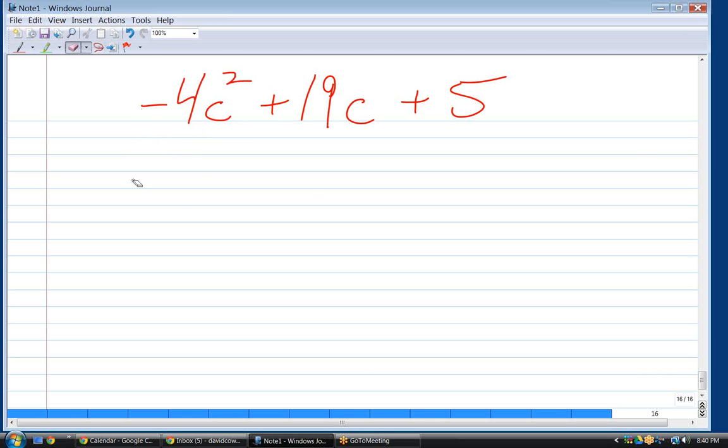So let's clear that up. Factor out a -1. What's left behind? It would be +4c squared. When I factor out a -1, I'm not changing anything but the sign on every term.